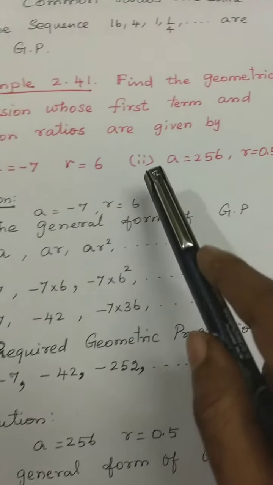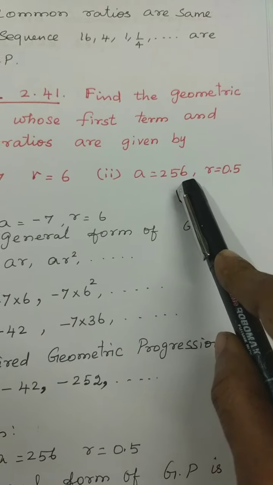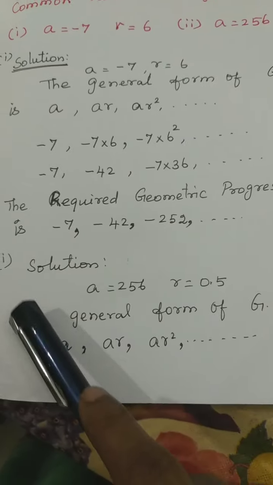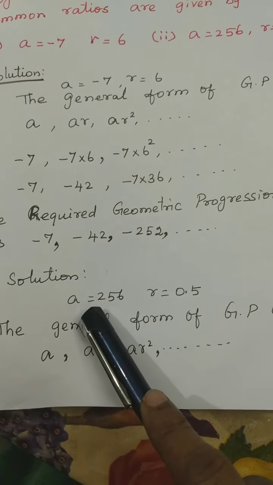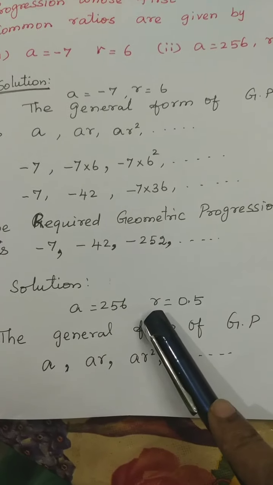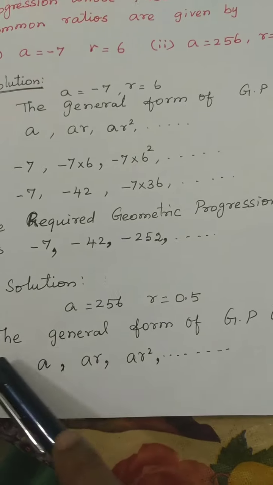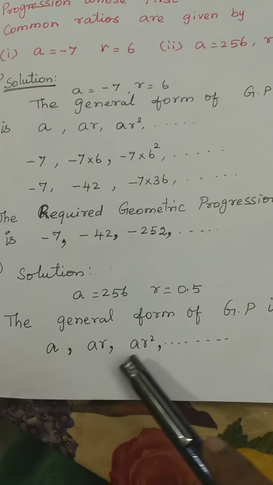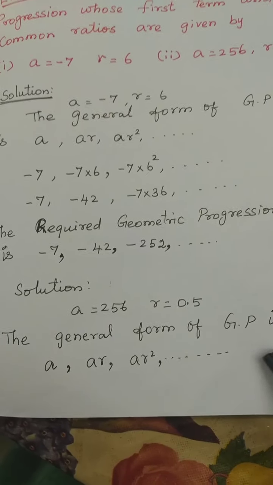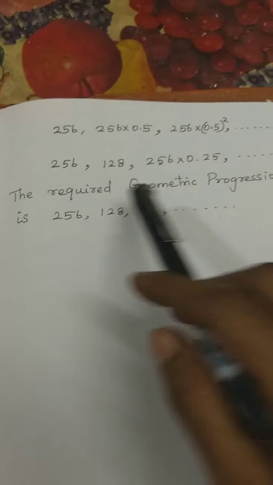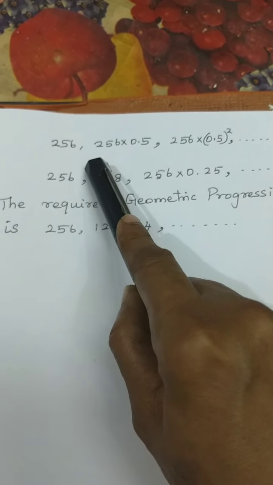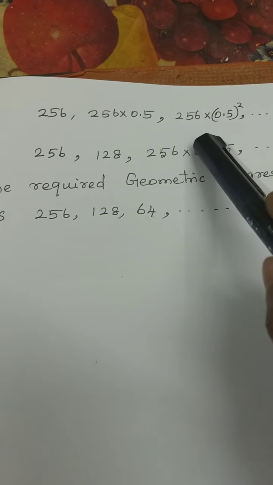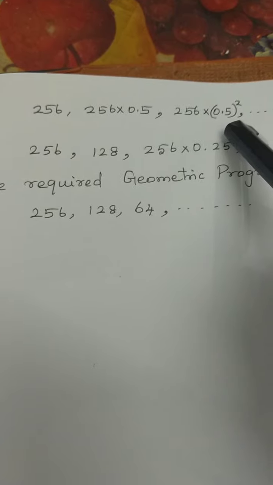Next one, the second one. Solution. Here they are given A as 256 and R as 0.5. Okay, solution. A is equal to 256, then R is equal to 0.5. The general form of GP is A, AR, AR square, and so on. That is 256, 256 into 0.5, 256 into 0.5 the whole square.